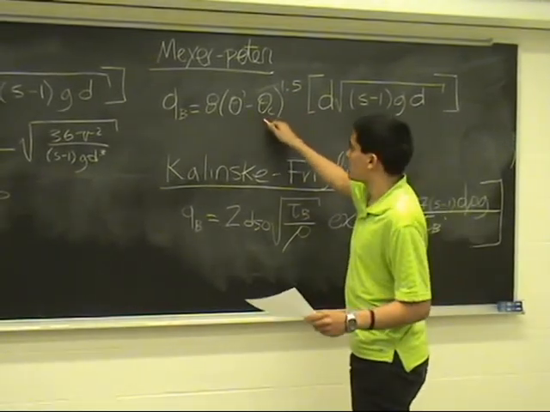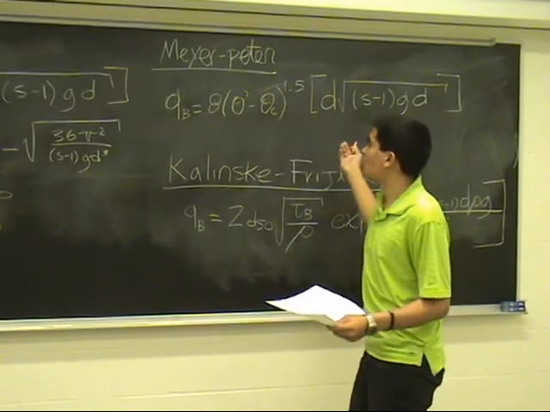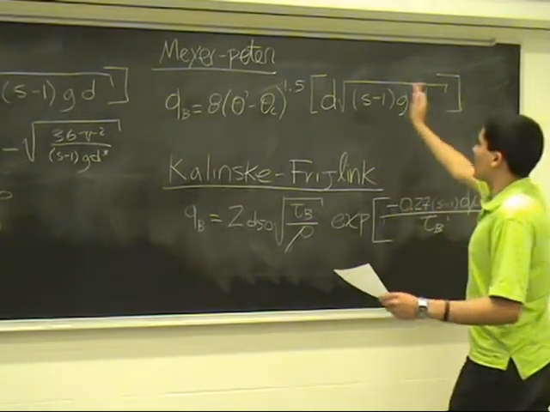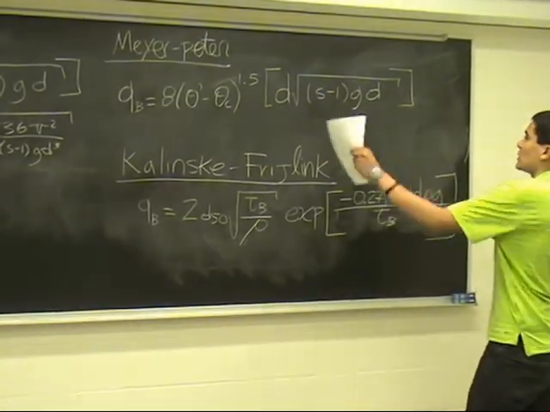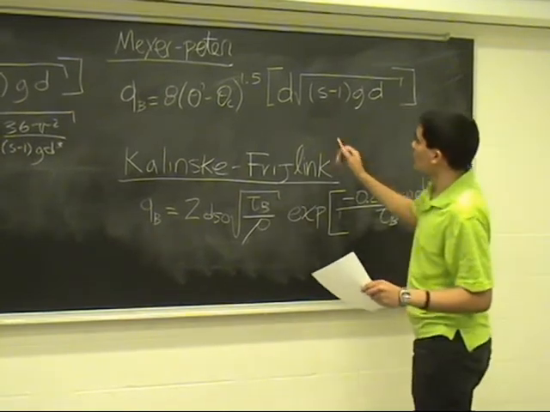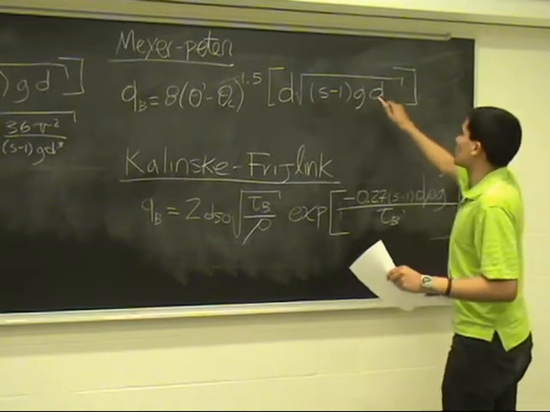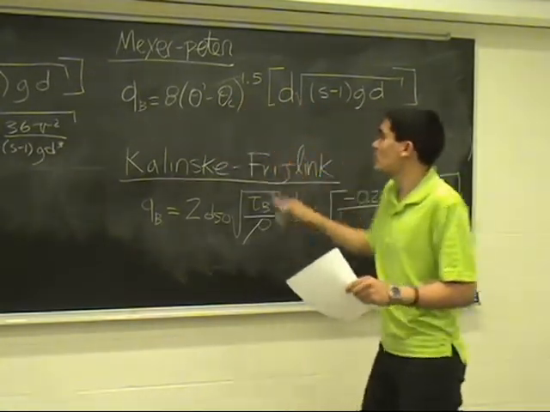Remember, this number is very small, relatively around 0.1, around there. To the power of 1.5 times this same term, which includes the diameter and the specific weight, gravity. What's important is this relationship.